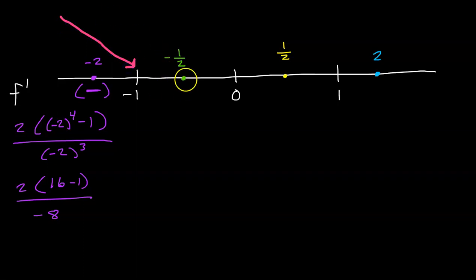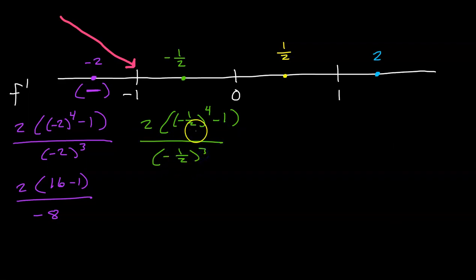All right, so how about negative 1/2? I'm going to have 2 times negative 1/2 to the 4th power minus 1, over negative 1/2 to the 3rd power. Well, negative 1/2 to the 4th power is going to be less than 1. 1/2 to the 4th power is 1/16, and because it's an even power, it's going to be positive.